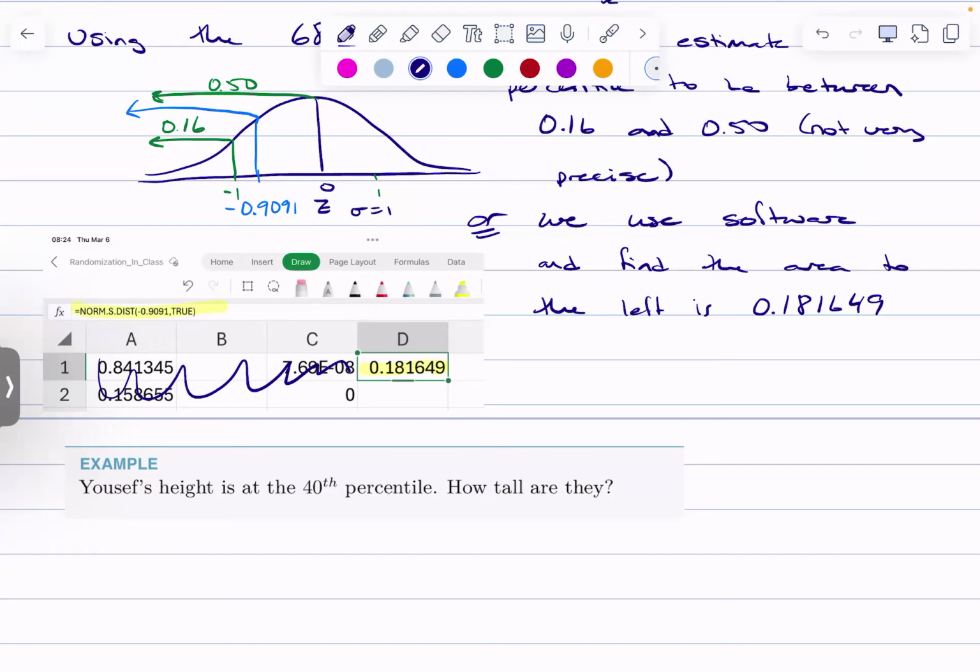I'm not very good at rounding, I hate to do rounding. Therefore, Cameron is at the 18.2nd percentile. Remembering that percentiles are the percentage below.